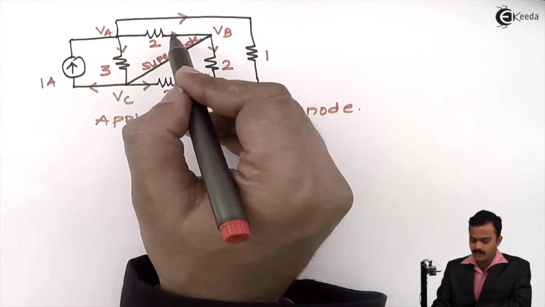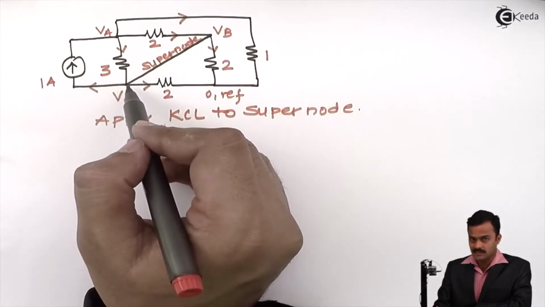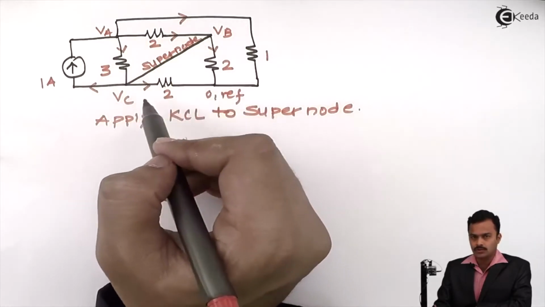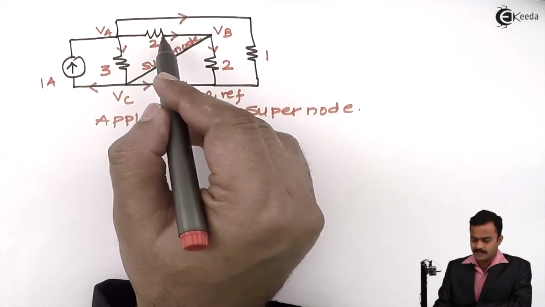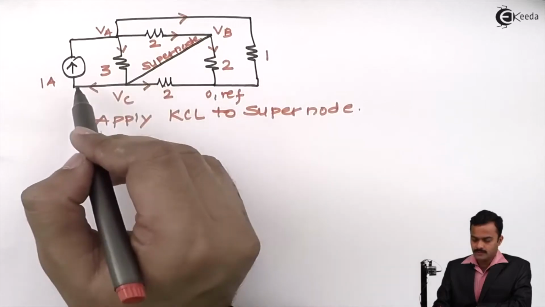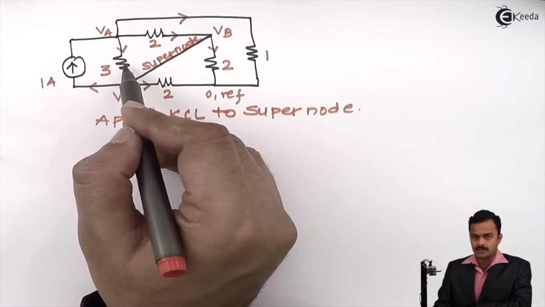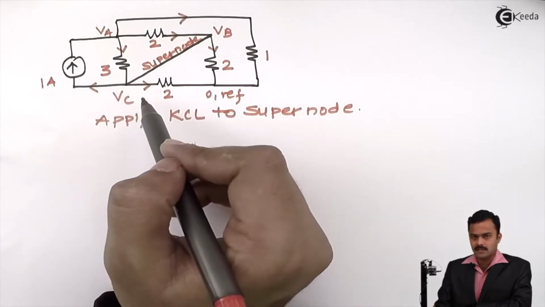So here 1 and 2 for B, 1, 2, 3 for this C. If I consider the total effect, I have this branch current as incoming, this is outgoing, this is outgoing, outgoing, and this is incoming. So in all, I have 2 branches incoming and 3 branches outgoing.